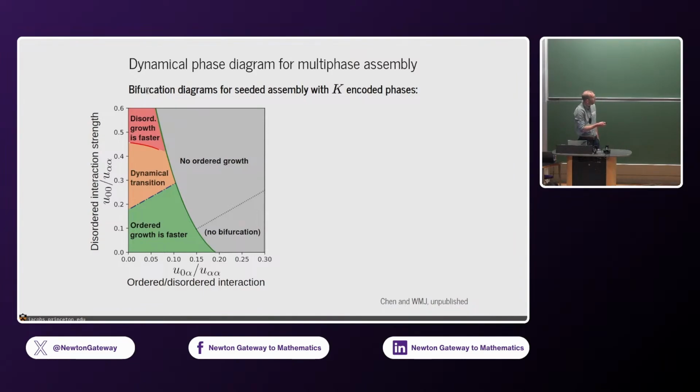Point out two key parameters. One has to do with the interaction between each one of these so-called ordered phases, or the encoded ones, versus just having a random mixture of the molecules in a condensed phase.